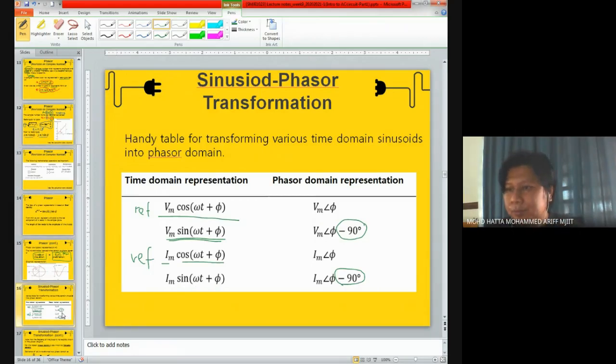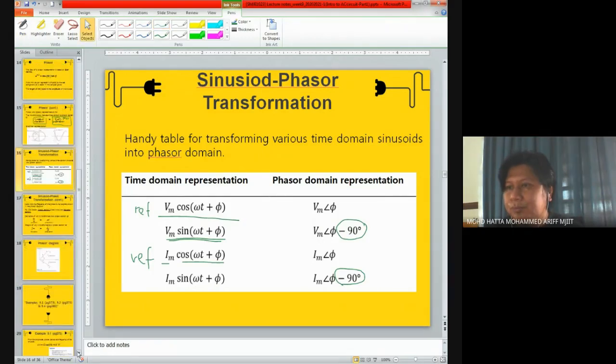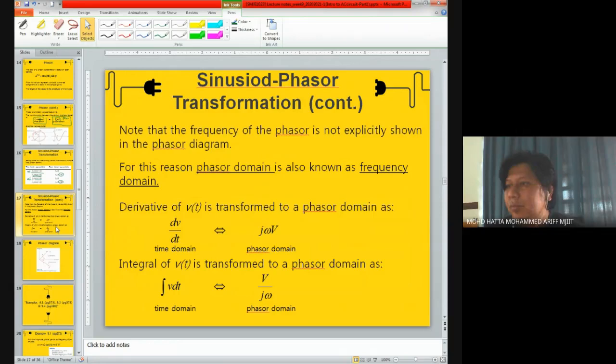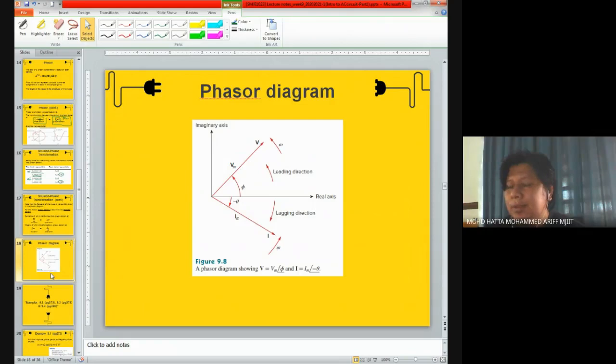Okay, maybe we skip this one. This is what I said earlier about graphically representing your voltage or current equation. For example, here we have Vm with angle of phi.